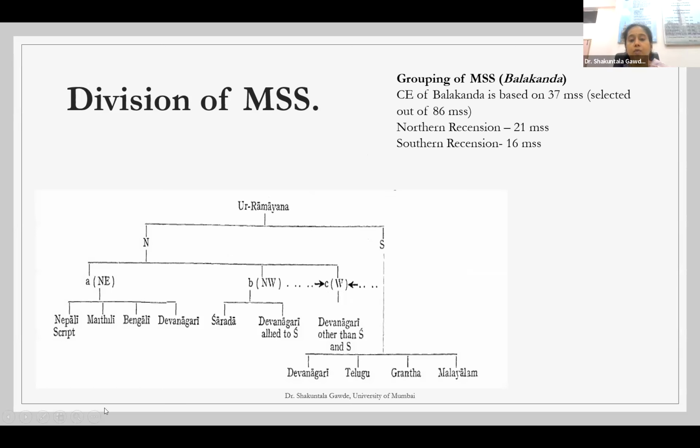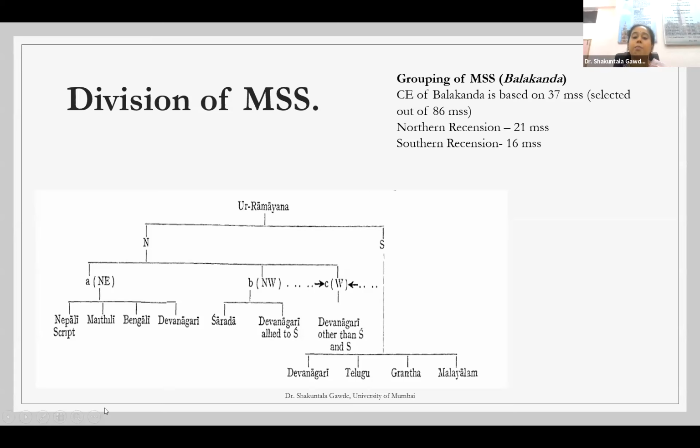For example, if we take Balakanda, the critical edition of Balakanda is based on 37 manuscripts. They had 86 manuscripts, but 37 were selected after scrutiny. Out of that, the northern recensions had 21 manuscripts and the southern recensions had 16 manuscripts.